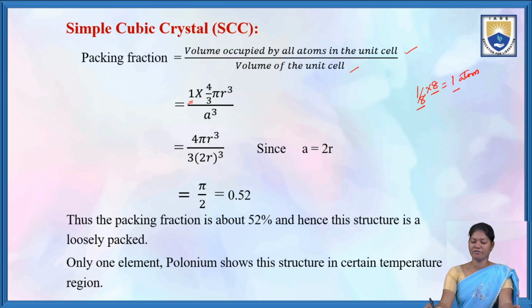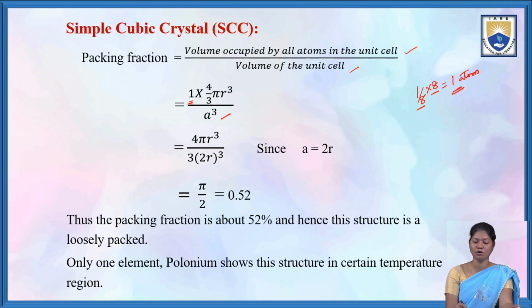So it is 1 into 4 by 3 pi r cube, which is the volume of the sphere, divided by the volume of the unit cell, which is a cube.